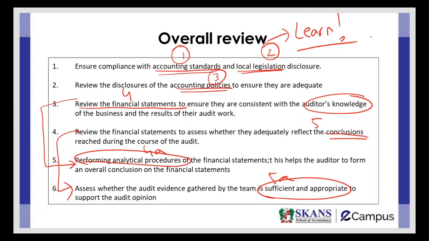So that's the sort of wrapping up that happens at the review stage. So basically, someone, probably the audit partner, the engagement partner, will come and make sure all of this has been done. So that's the final quality review by the engagement partner.